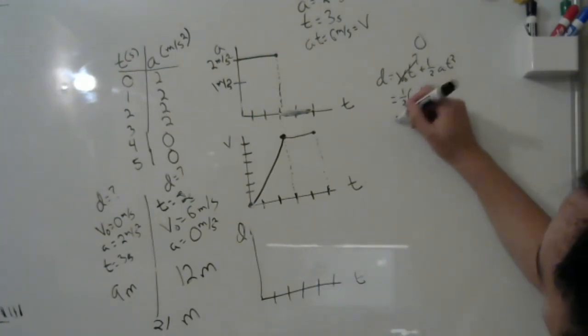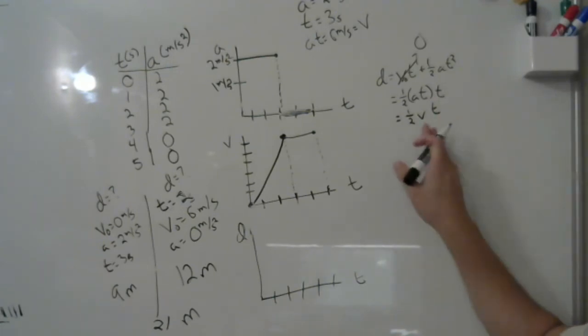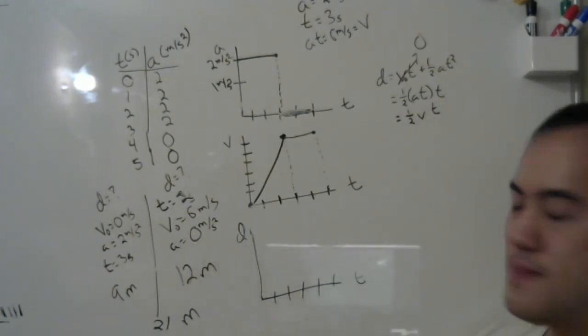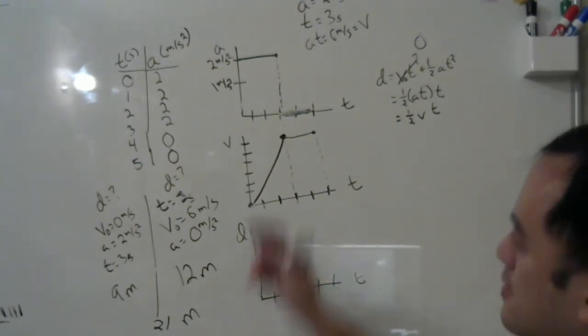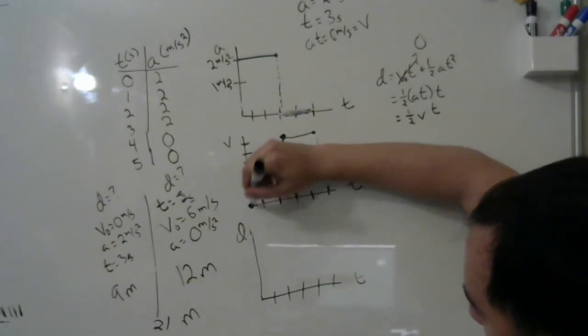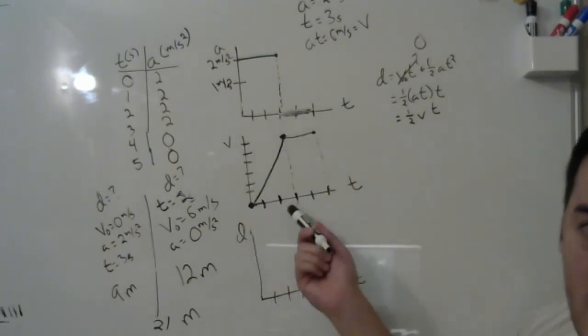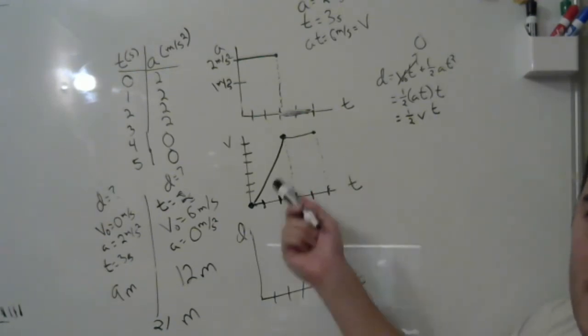So this is 1/2 vt, where v is the final velocity, not the average. Why did I do all that? Use your big brain and look at this triangle, and tell me how this triangle and 1/2 vt are related.